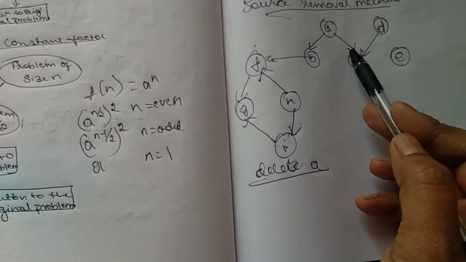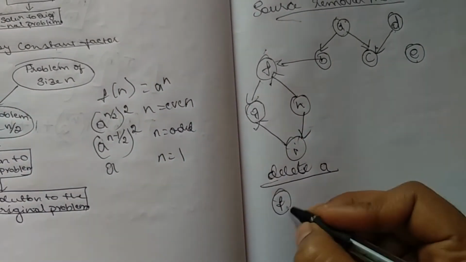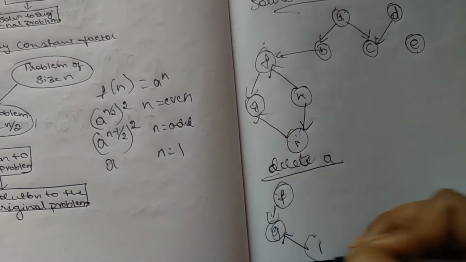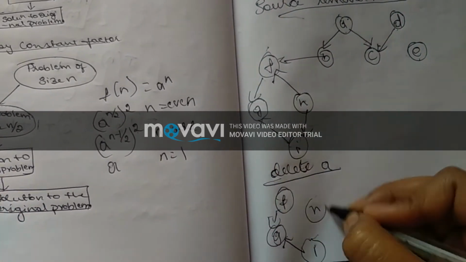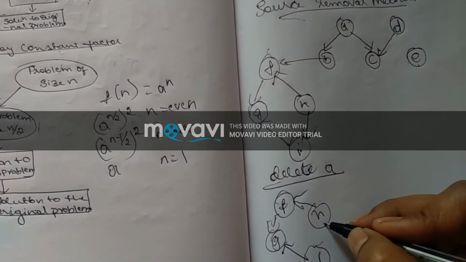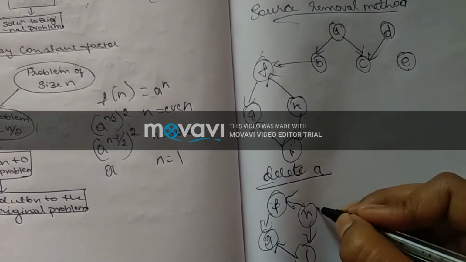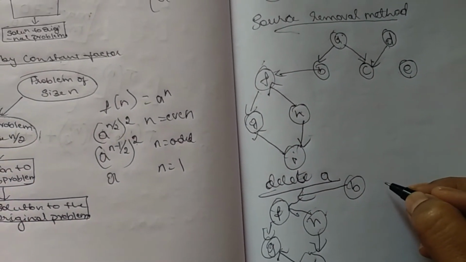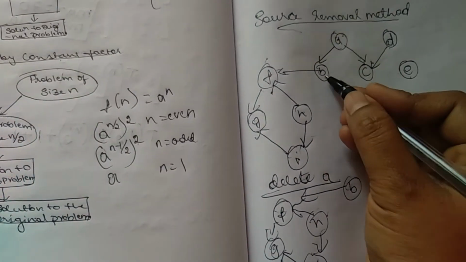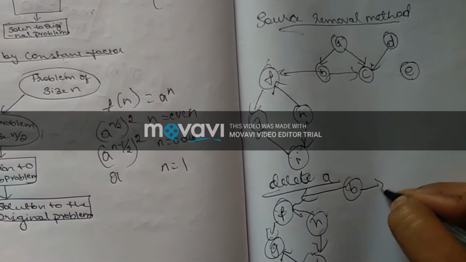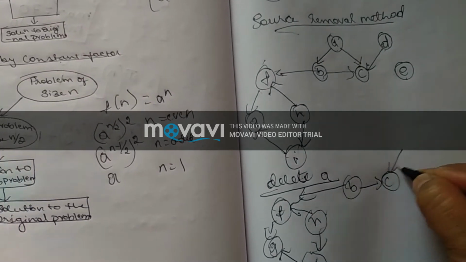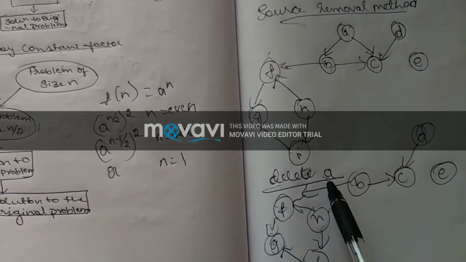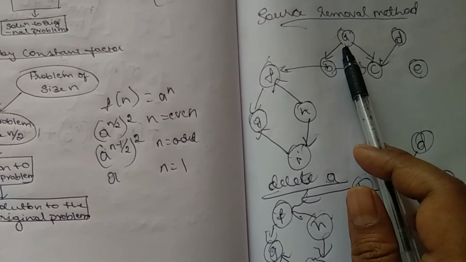If I remove A, how will my graph look now? This F remains as it is, F to G, G to I, then towards H this remains as it is, then towards F I have B, next A I have already deleted, so I have B to C, then D, then E. The very first vertex I have deleted is A, because it did not have any incoming edges.